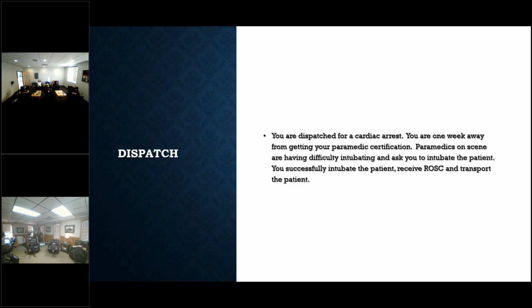So remember, we have to act within the scope of practice determined by the state. We also have to act within the specific medical guidelines set forth by our medical director and by our organization. So in this specific circumstance, if we were on Superior Fire Department at this point, we broke our medical guidelines, we broke the scope of practice, and then we acted outside of our licensure level.